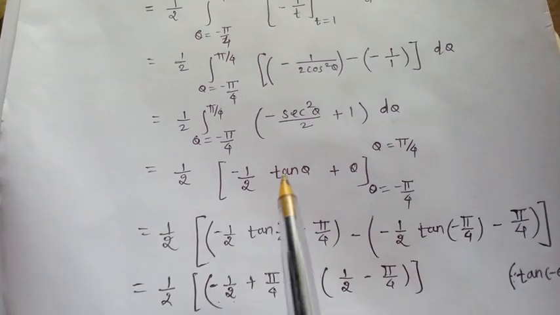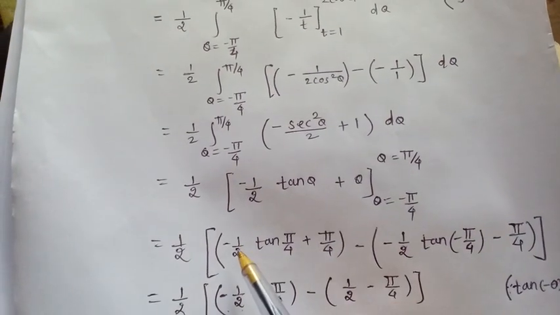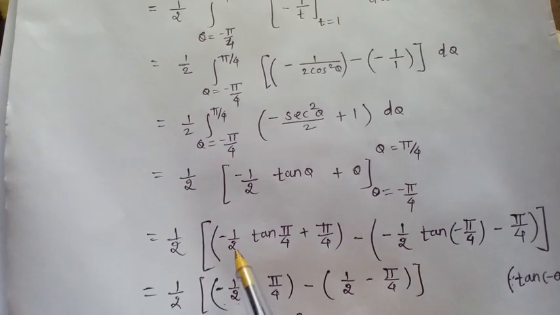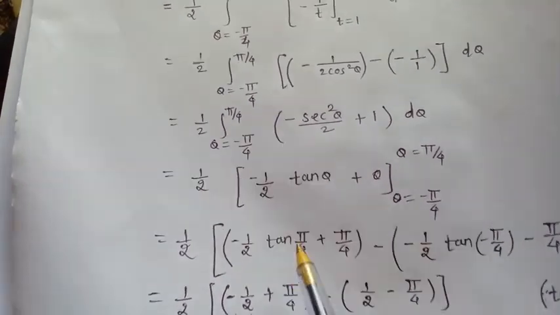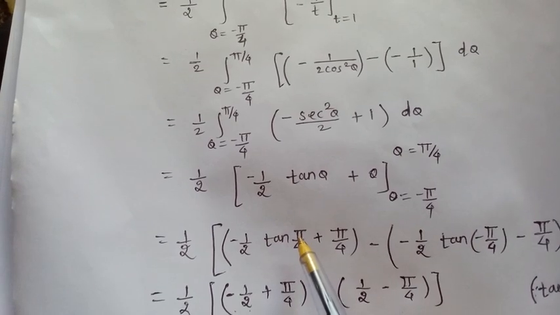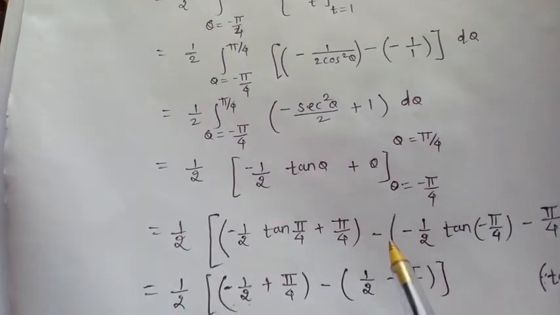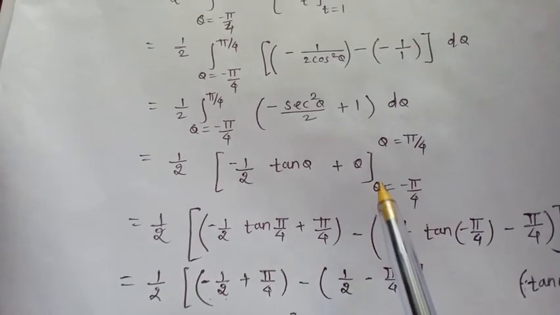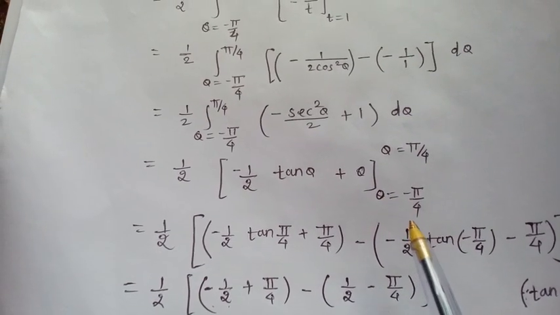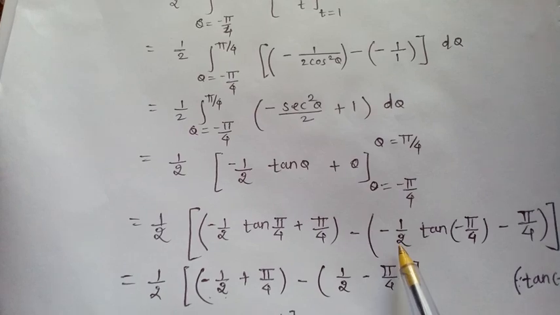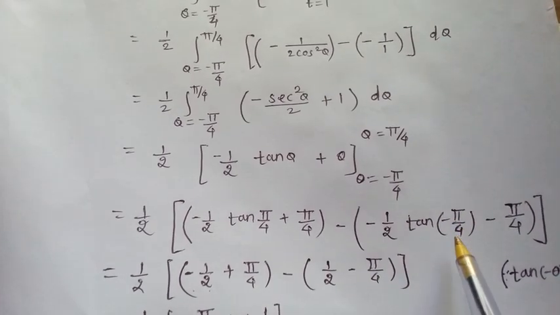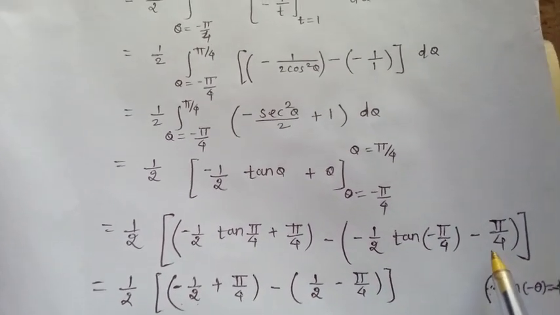In the next step, we replace theta by pi by 4 firstly. So we get minus 1 by 2 tan, instead of theta we put pi by 4, so tan pi by 4 plus pi by 4, minus, now we put the lower limit, theta equals minus pi by 4. So here minus 1 by 2 as it is, tan of minus pi by 4 minus pi by 4.